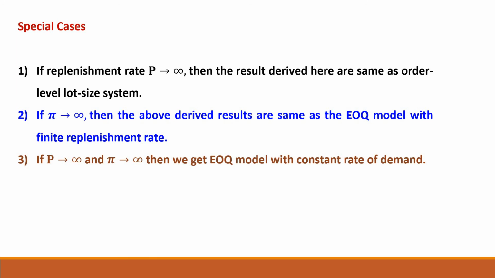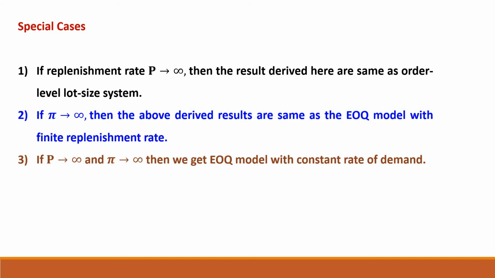If replenishment rate P is infinite, then the results derived here are the same as that of the order level lot size system. If shortage cost pi tends to infinity, then the results derived here are the same as the EOQ model with finite replenishment rate, that is, production rate is finite.